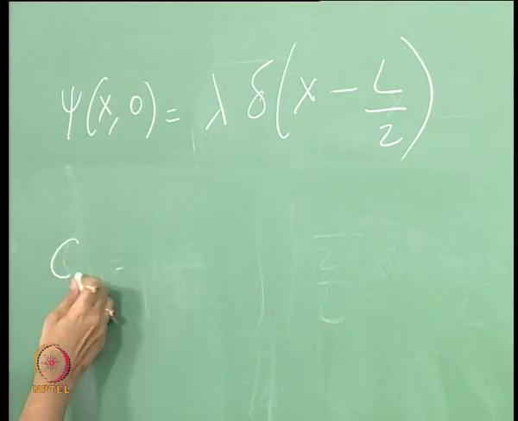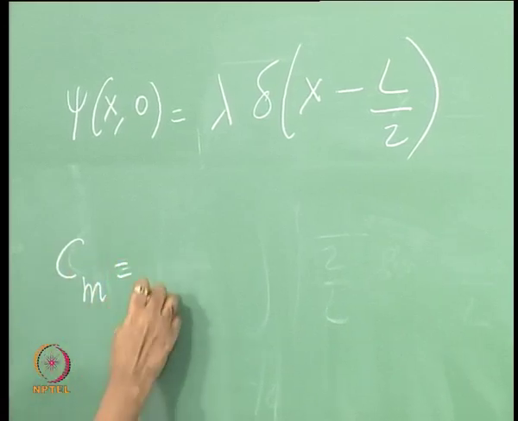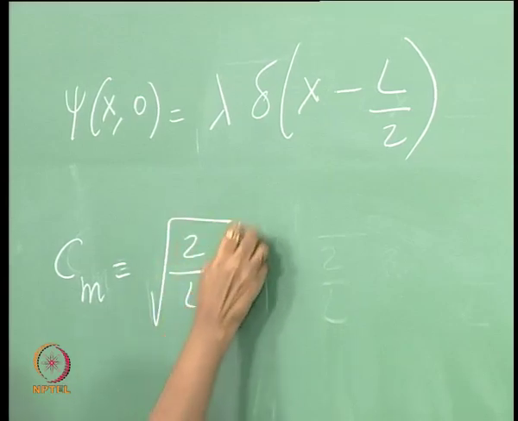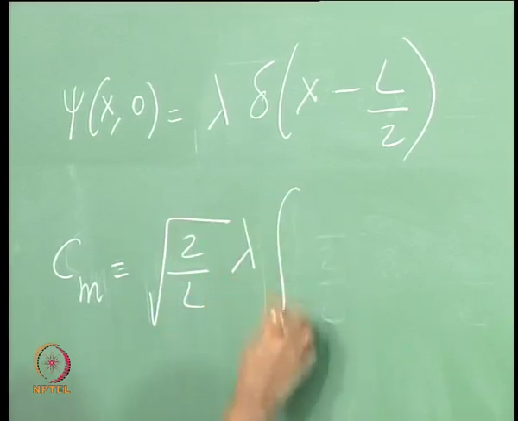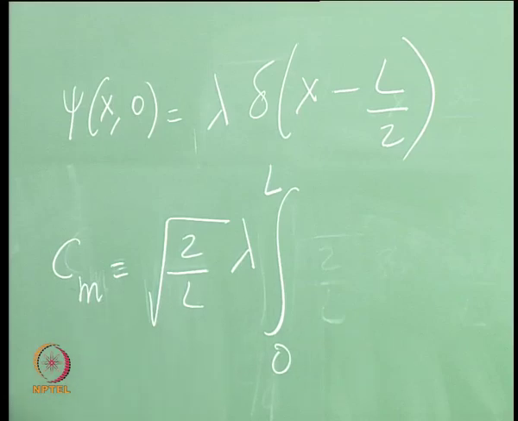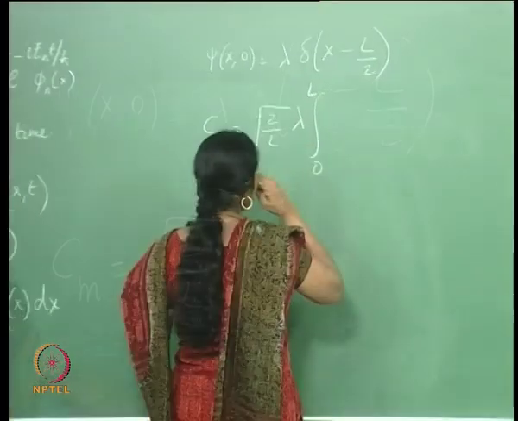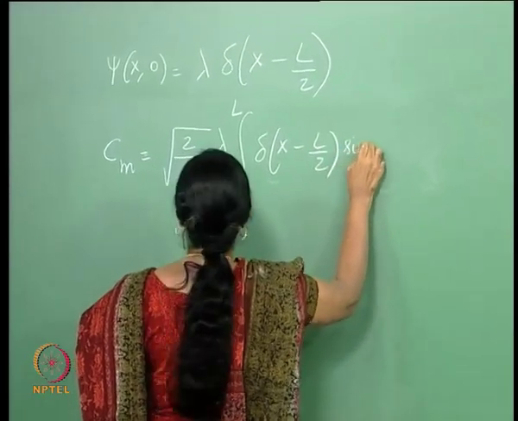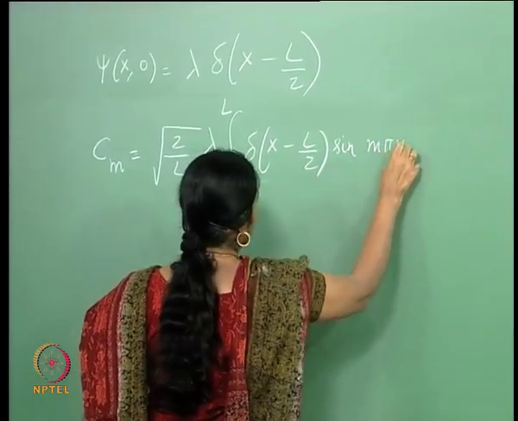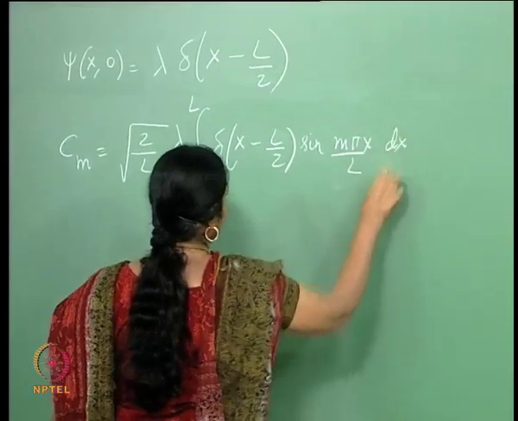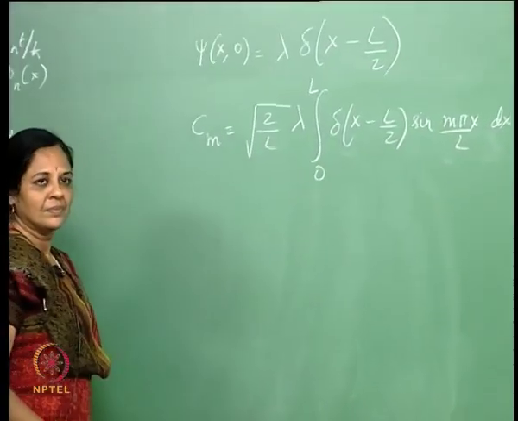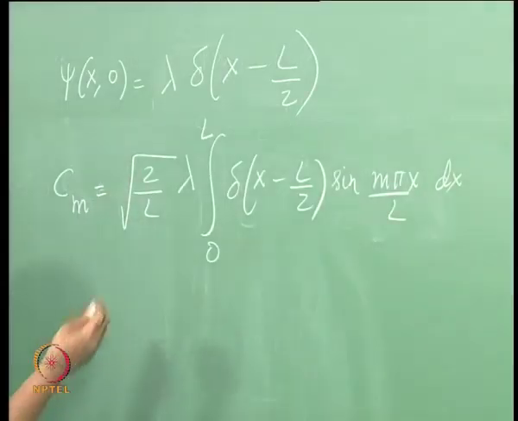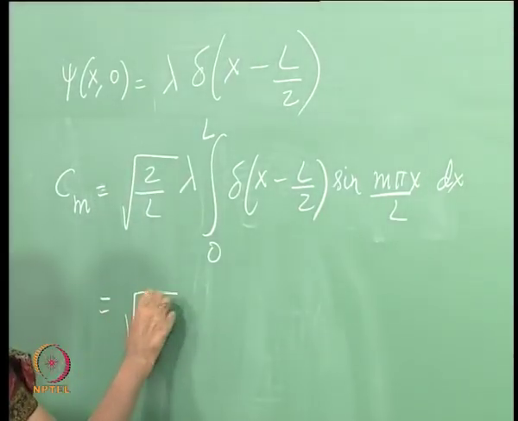So, what happens in this case? Once more we can find out Cm, and that is root of 2 by L times lambda times the integral from 0 to L of delta of x minus L by 2 times sine m pi x by L dx. Do you see what this is?